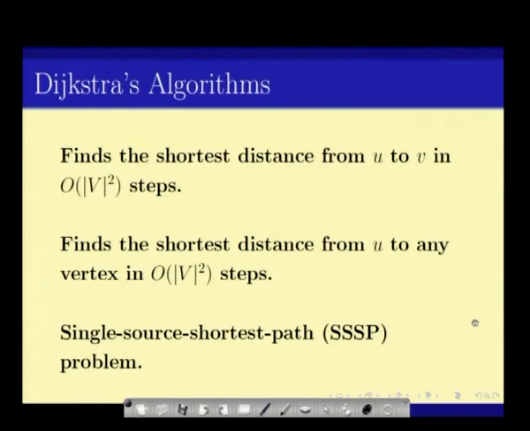So, we can find the shortest distance from u to v in order V square. In fact, you can see that this can be used for finding the shortest distance from u to any vertex in order V square, and this is what is known as the single source shortest path problem. It is one of the very important problems in this field.